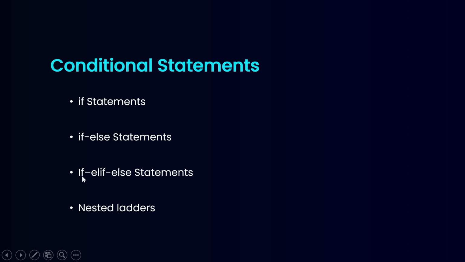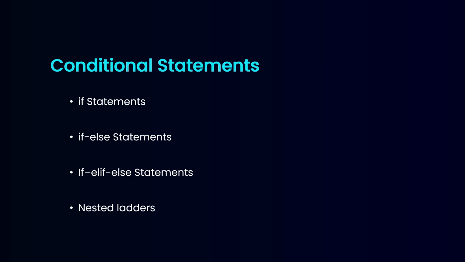Then we have if elif, which enables you to add multiple conditions, and then you can write multiple blocks of code. It's not limited to 2 or 3, you can write multiple statements and then execute them. Then we have nested ladders, where we have an if under an if else or if elif or anything, a combination of the above.